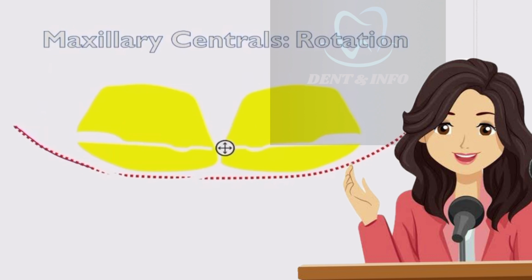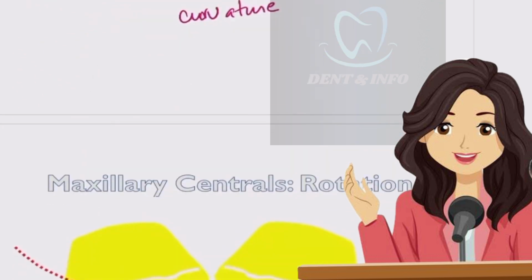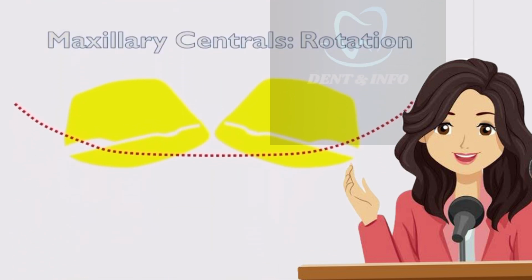But along the curvature of the arch, if you see, we just slightly rotate the central incisors so they don't look completely flat, but they follow the rotation or the curvature of the arch. Right? If you have this mesial flare, this looks unaesthetic.